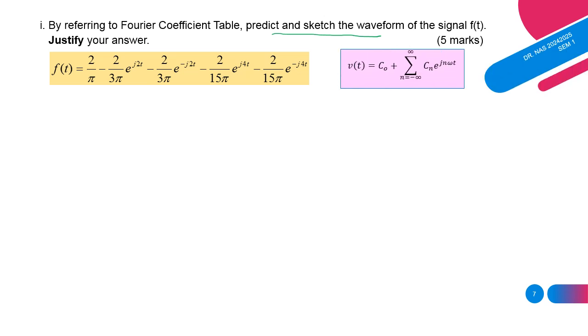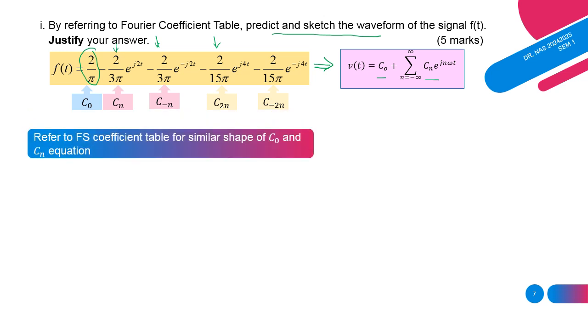and don't forget to compare the given equation with the general equation of complex exponential form. So you have the C0 plus the Cn, the coefficients. Obviously from the given equation, the first one is the C0 followed by Cn e^(jnωt). So this is your Cn and C-n, followed by C2n and C-2n.